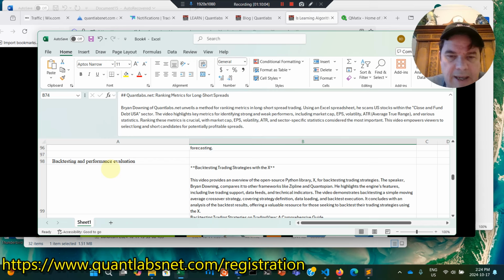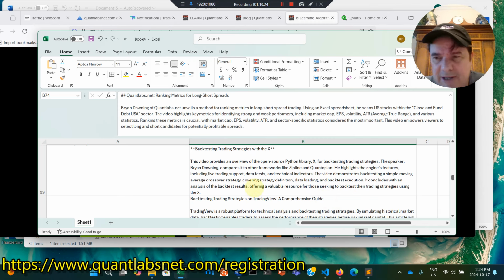So again, we get into backtesting and performance evaluation. So this one is using a popular library in Python for backtesting and trading strategies. So we compare it again with older frameworks like Quantopian and Zipline.